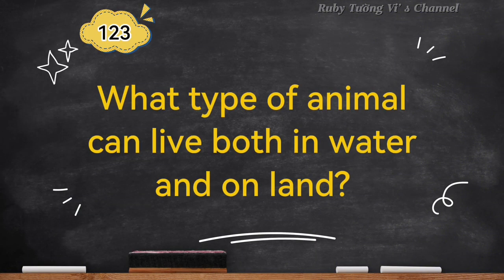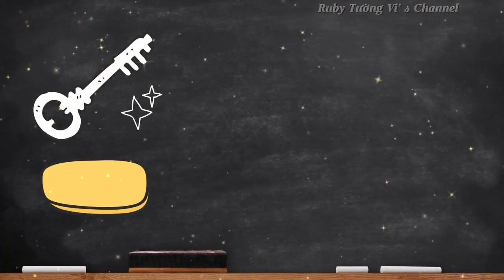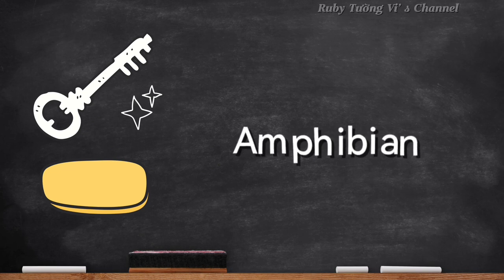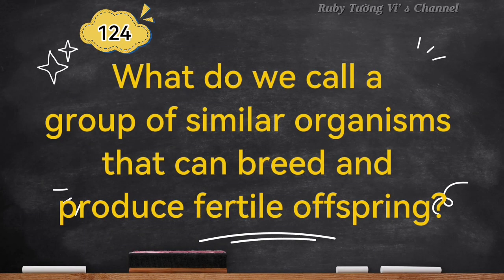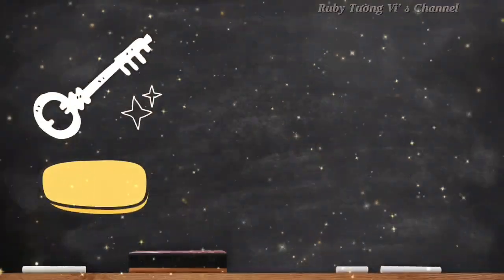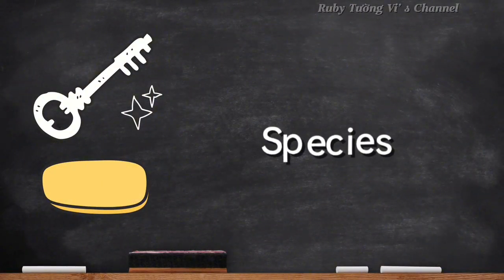What type of animal can live both in water and on land? Amphibian. What do we call a group of similar organisms that can breed and produce fertile offspring? Species.